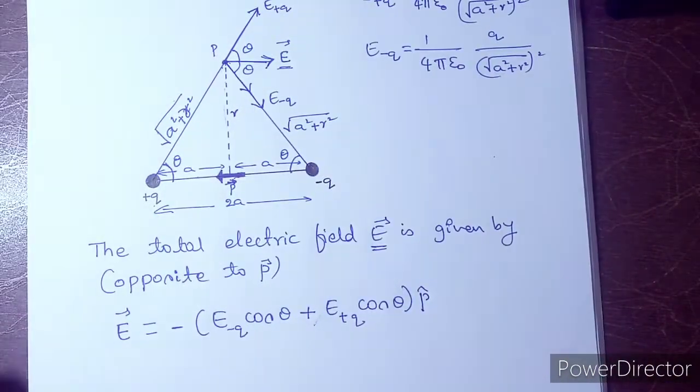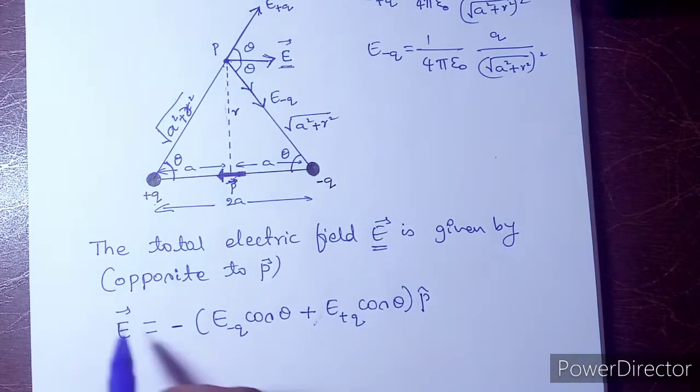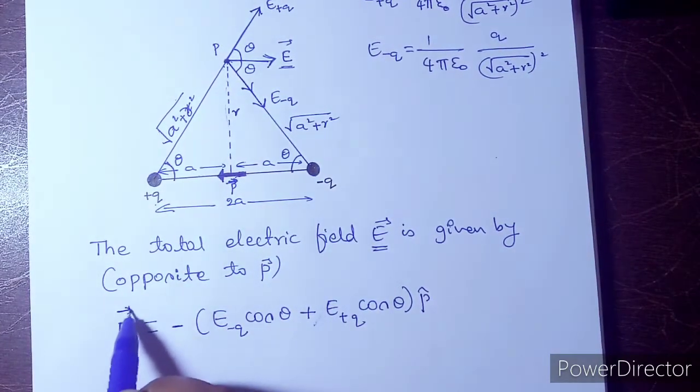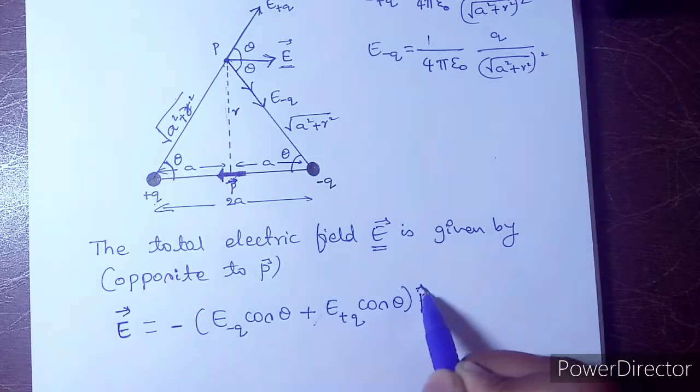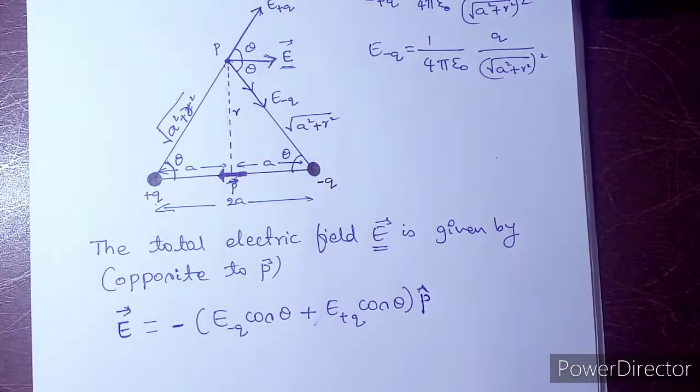First of all, I will explain why we got minus here. Since the electric field E vector is opposite to P, that's why we are getting minus here.